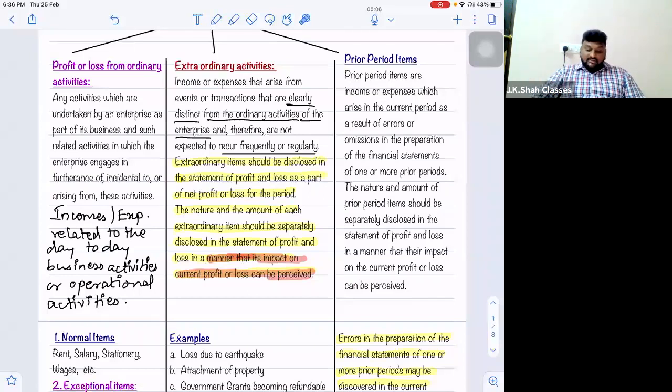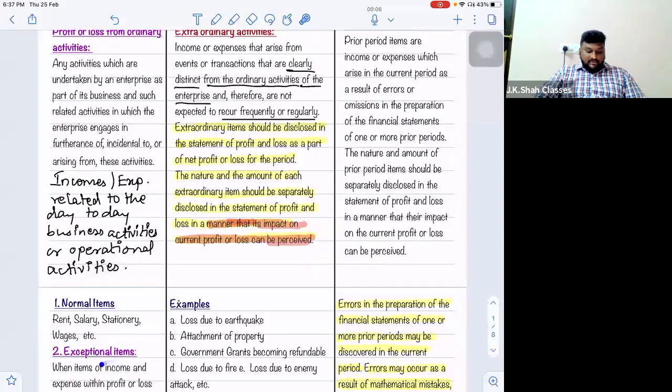The nature and amount of prior period items should be separately disclosed in the statement of profit and loss in a manner that their impact on the current profit or loss can be perceived. So for exceptional items, extraordinary items, and prior period items, the presentation requirements are absolutely the same.